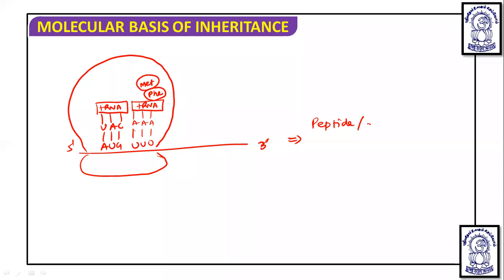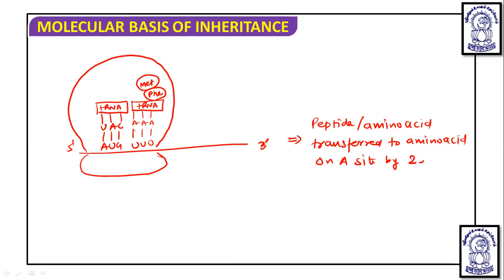So the peptide or amino acid is transferred to the amino acid on the A site by 23S rRNA.